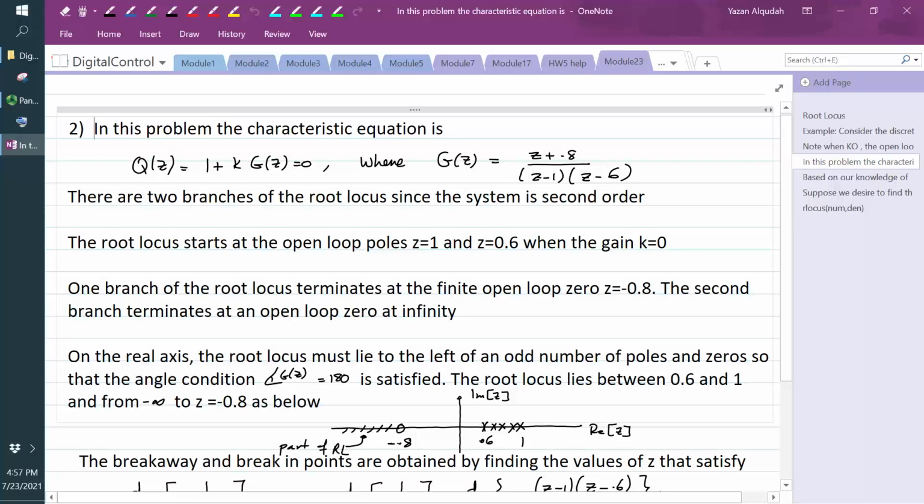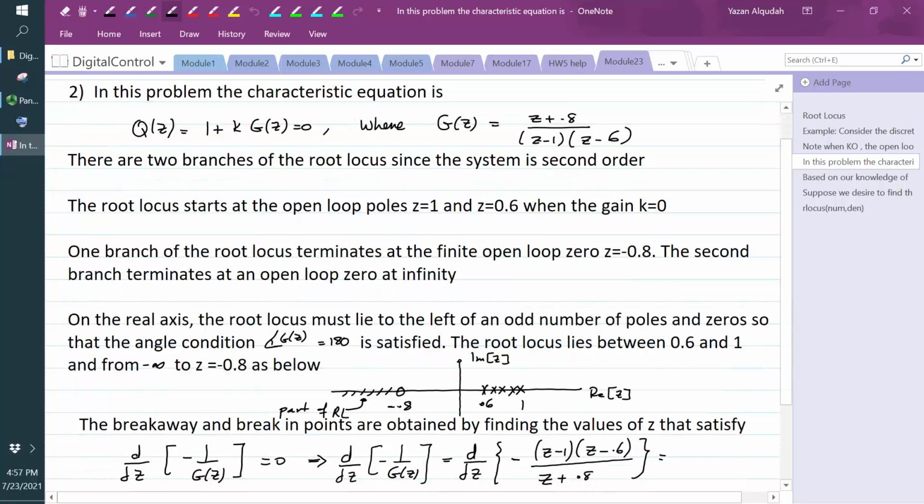Now, if I look at the characteristic equation, 1 plus k multiplied by g of z, we have two branches since we have two poles, since the system is second order. Now, as we know from linear control, the root locus starts at the open loop poles, which in this case are z equal to 1 and z equal to 0.6, and it will end at the open loop zeros, the finite zeros and the infinite zeros.